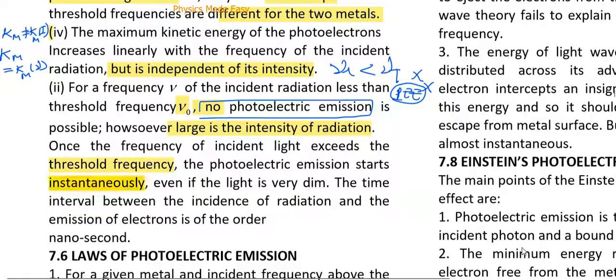The photoelectric effect is an instantaneous process, and there is a threshold frequency or minimum frequency, represented by nu naught. Frequency less than the threshold frequency, no photoelectric effect takes place; if larger, it takes place. It is instantaneous. About 90% of the electrons are emitted within 1 nanosecond.